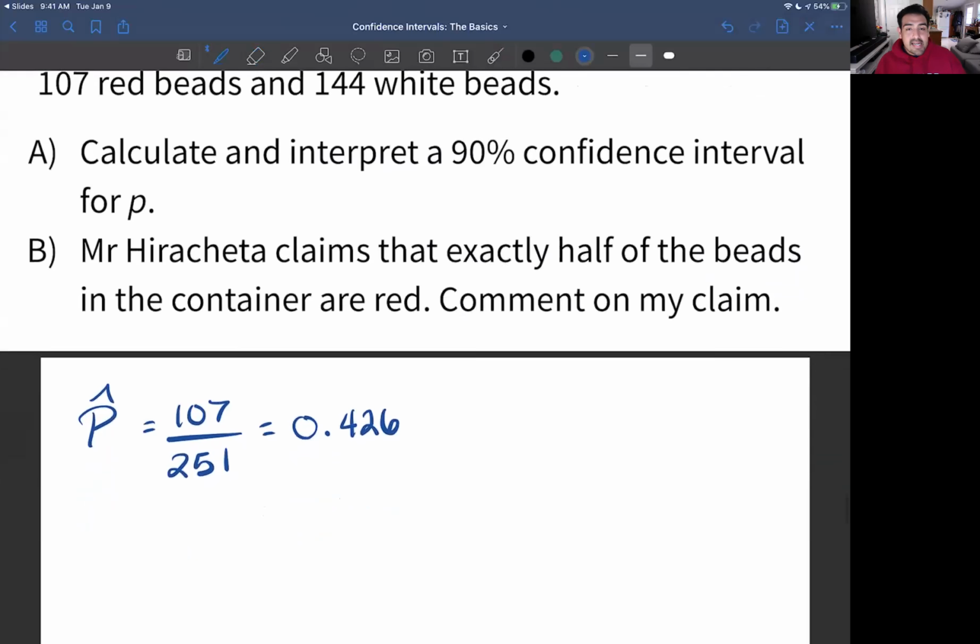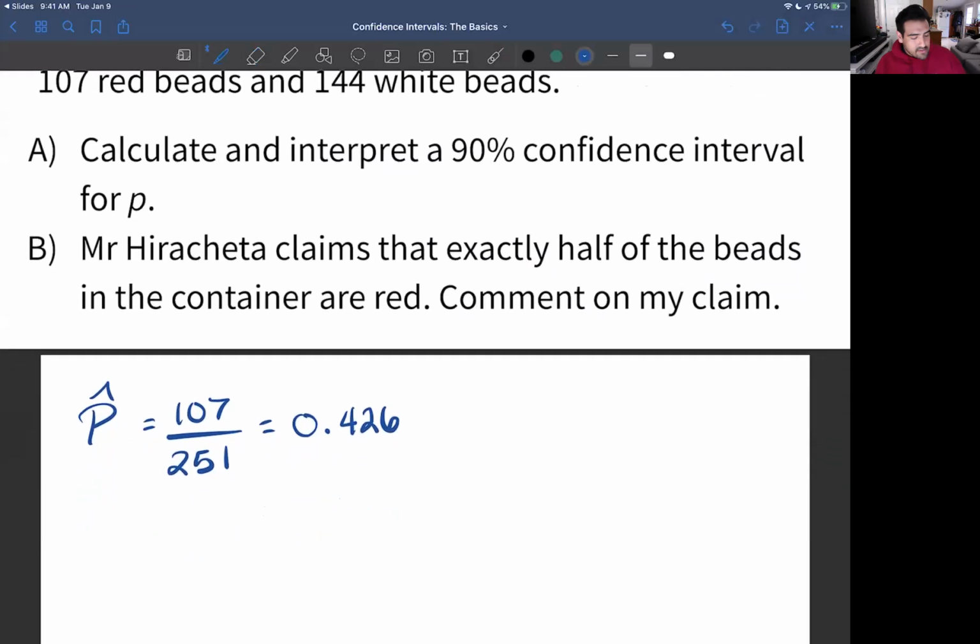Now, we need a 90% confidence interval. So let's take a second to think about that.